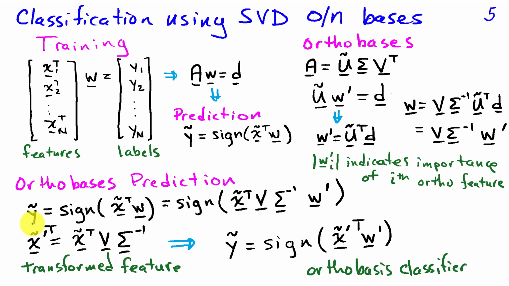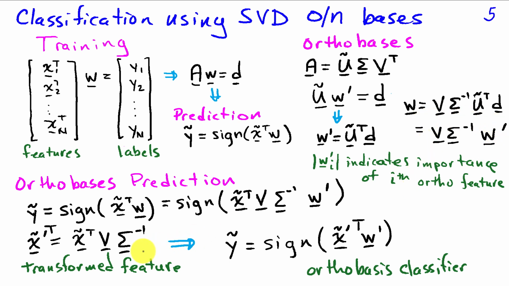So originally we were going to do the prediction problem: the predicted label Y tilde is the sign of this new feature, x tilde transpose, inner product with the weights W. Substituting for W in terms of W prime, I can write this as the sign of x tilde transpose times V sigma inverse W prime, using the expression we had in the upper right.